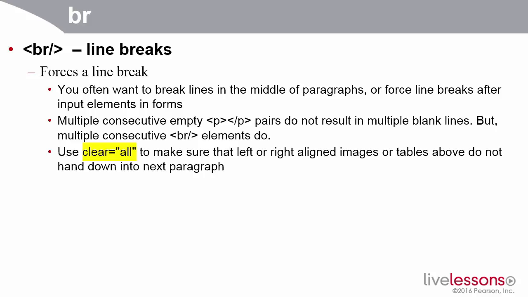Often that's good and you want it and it's okay. But if you want to start a paragraph where no tables or images can hang down from the previous paragraph, then you say BR clear equals all, which puts at least one line break in, but if there are some hanging images, it moves the text down even further so the tables or the images don't hang into the next paragraph.